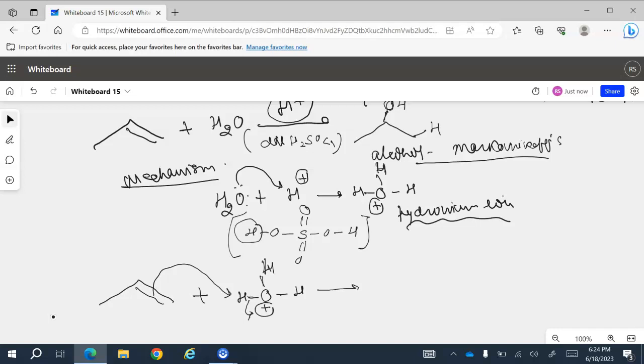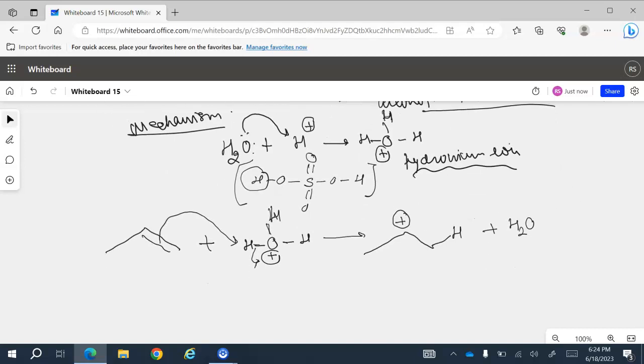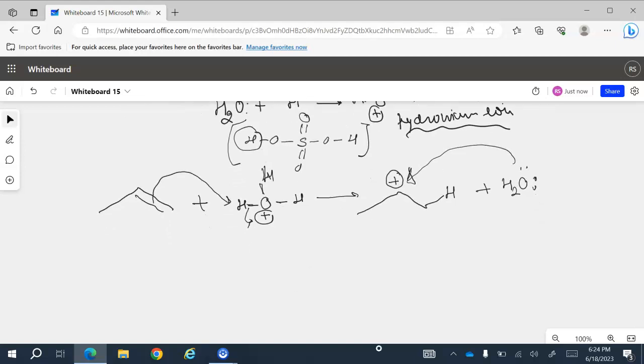So the result is that hydrogen will add across the double bond following the Markovnikov rule, to the carbon containing the larger number of hydrogens, and we generate the more stable carbocation, again following the Markovnikov rule, and H2O as the side product. Now water is a good nucleophile. So this water molecule forming as the side product can act as a good nucleophile and will attack the carbocation.